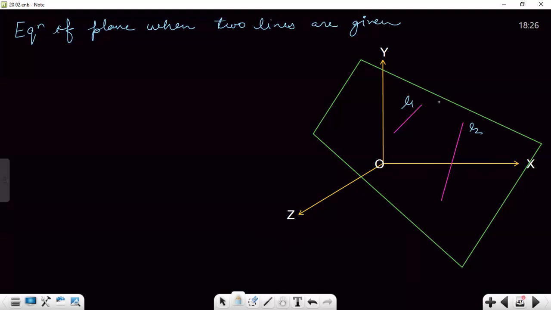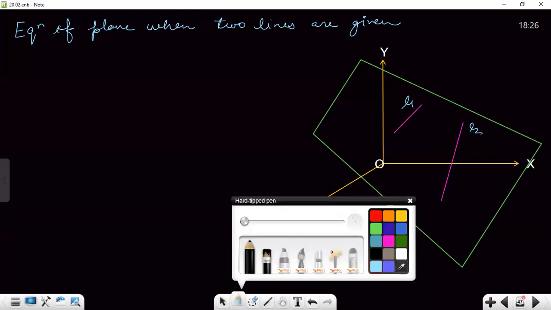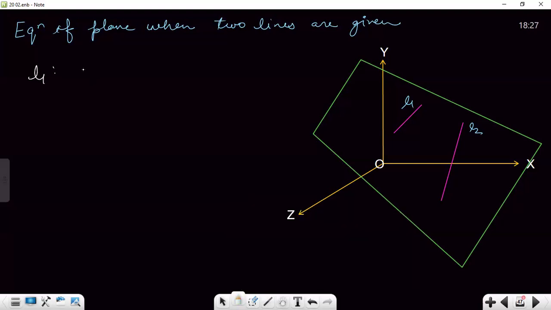So when lines are given to us, what is given with them? When lines are given to us, what is given is the direction ratios of the line, right? So let's consider their vectors. We have the vectors of the given lines. For line L1, its vector is r vector equals a1 vector plus lambda into b1 vector.